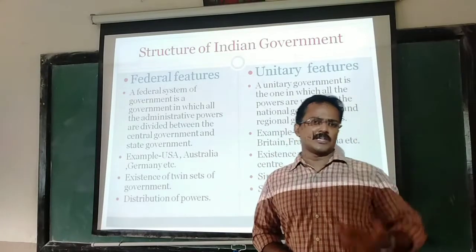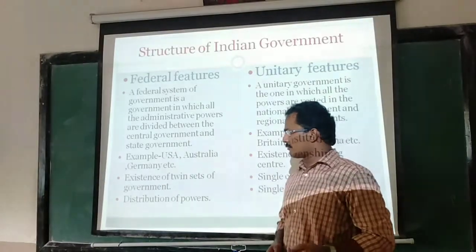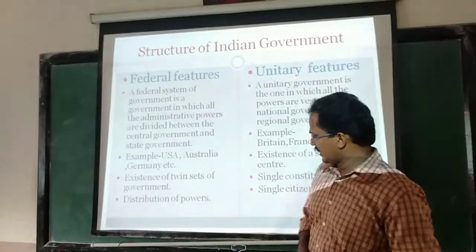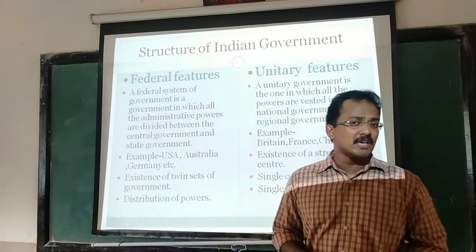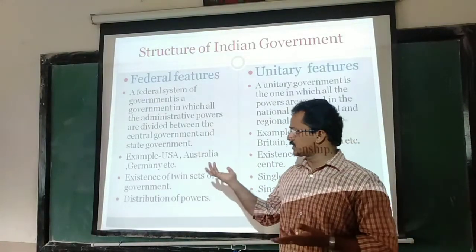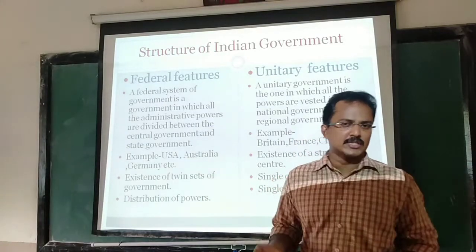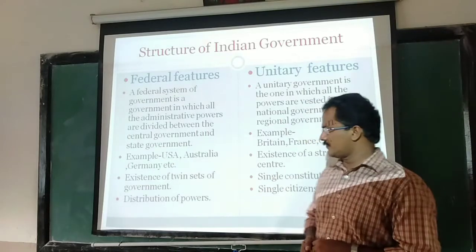Some of the countries following the federal form of government, such as the United States of America, Australia and Germany, are examples of federations. In these countries also we can see twin sets of government, one at the center and the other at the state.